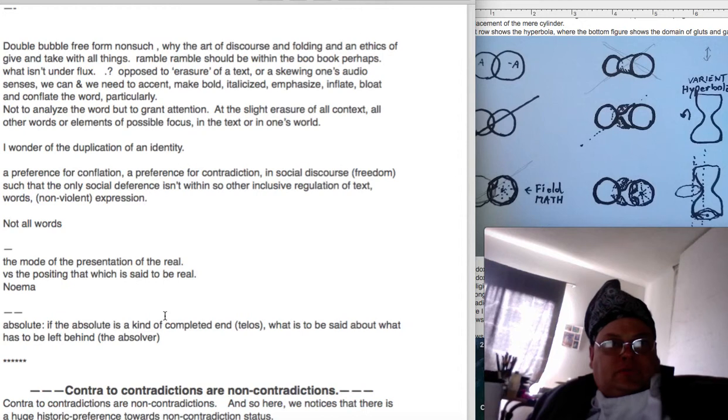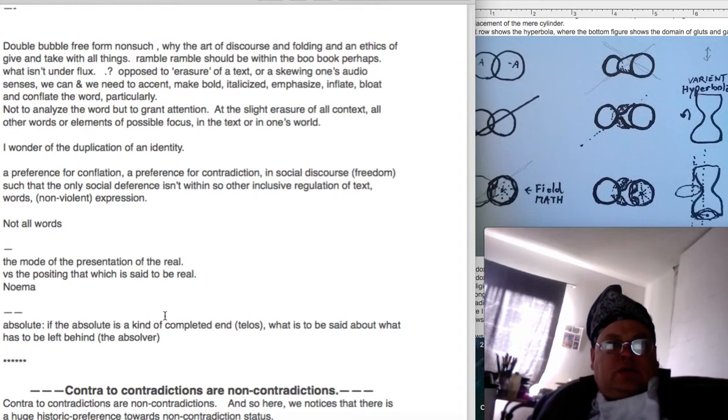Double bubble, free form nonsuch. Why the art of discourse and folding and an ethics of give and take with all things, ramble, should be within the book perhaps. What isn't under flux, as opposed to erasure of a text or eschewing one's audio senses?